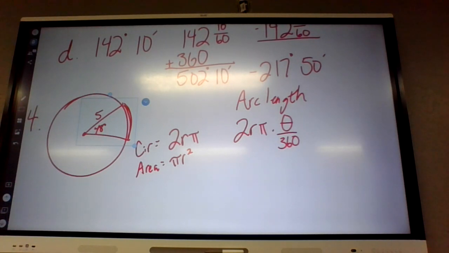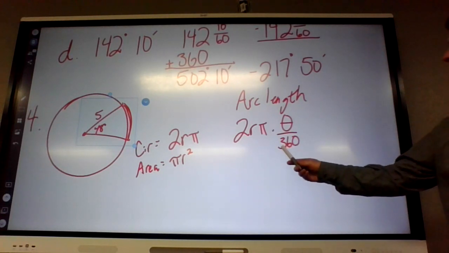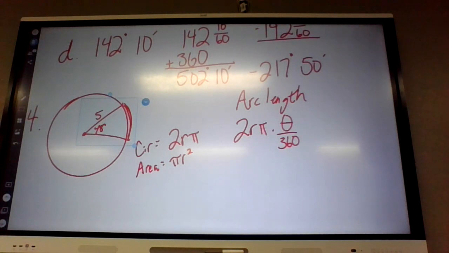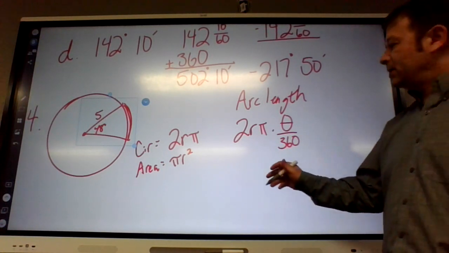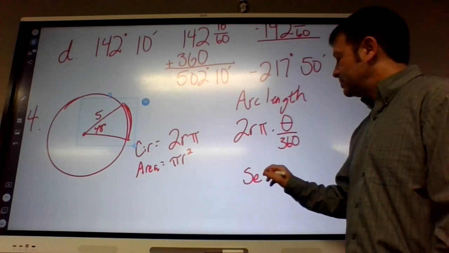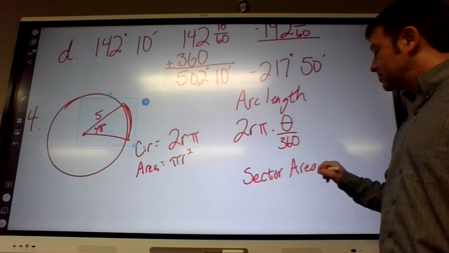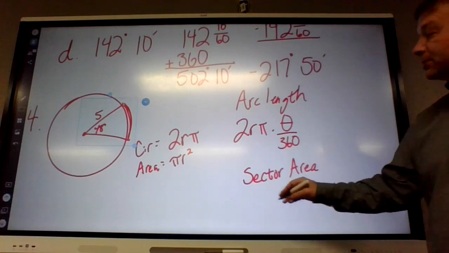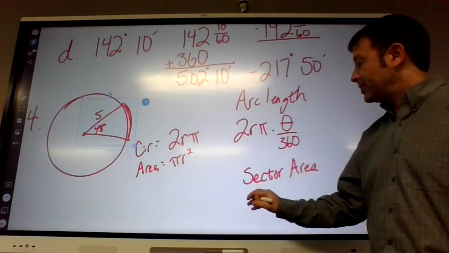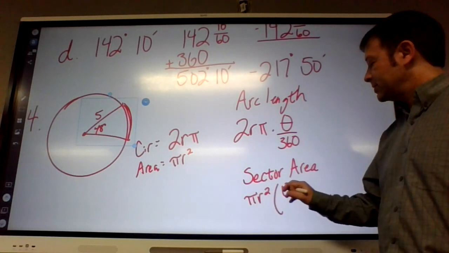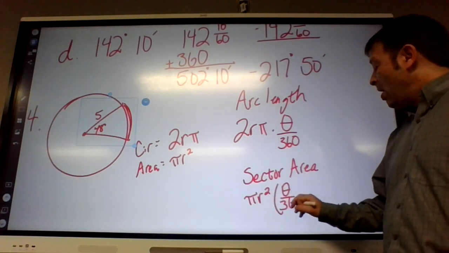In radians, it's kind of the same thing, except you do theta over 2 pi instead of 360. And sector area is also a fraction of the circle area. So circle area is pi r squared, but you're only using theta out of 360.